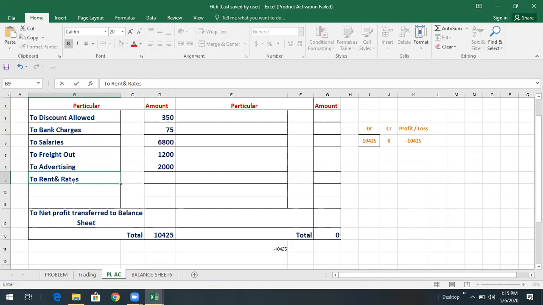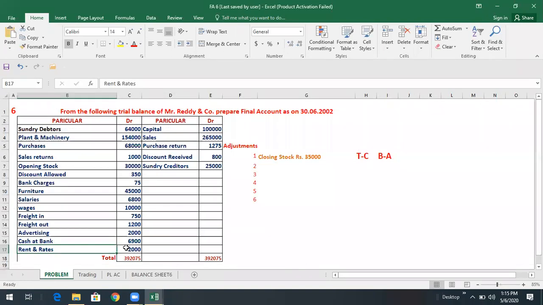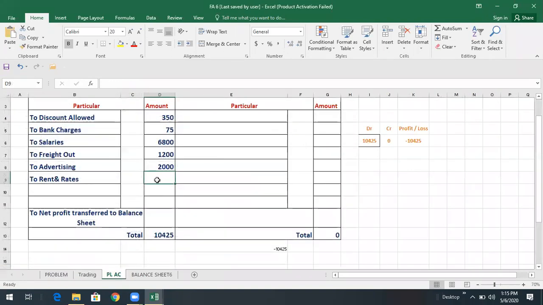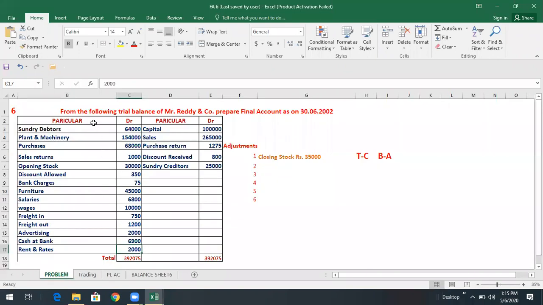So that's why I'm entering rent and rates in a profit and loss account debit side. What is the value of rent and rates? 2000 rupees. So I'm entering 2000 rupees. So this side transactions are completed. So from sundry debtors to rent and rates completed.